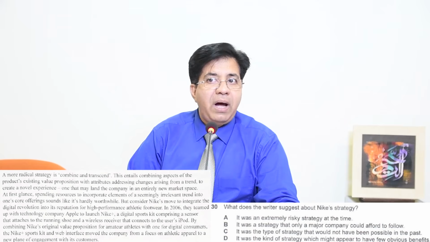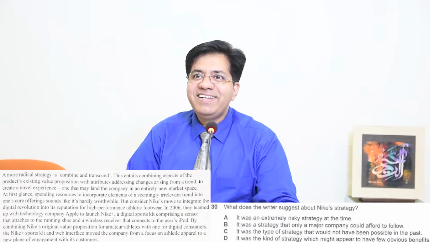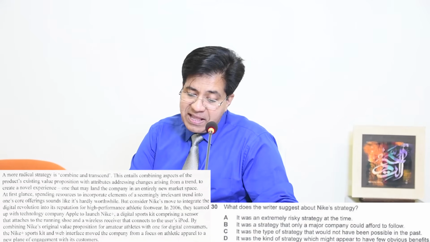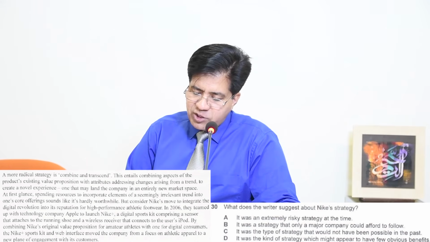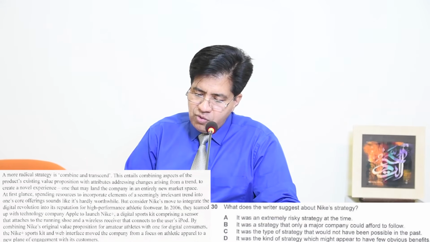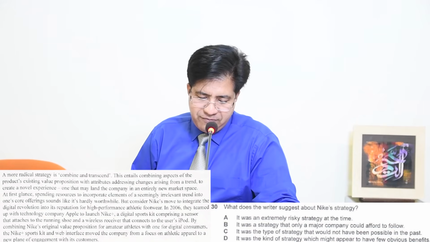No reference to the past is given. Now you'll not just have your own assumptions. You just have to see where they mention the past. Option D, it was the kind of strategy which might appear to have few obvious benefits. Where do we have few obvious benefits?